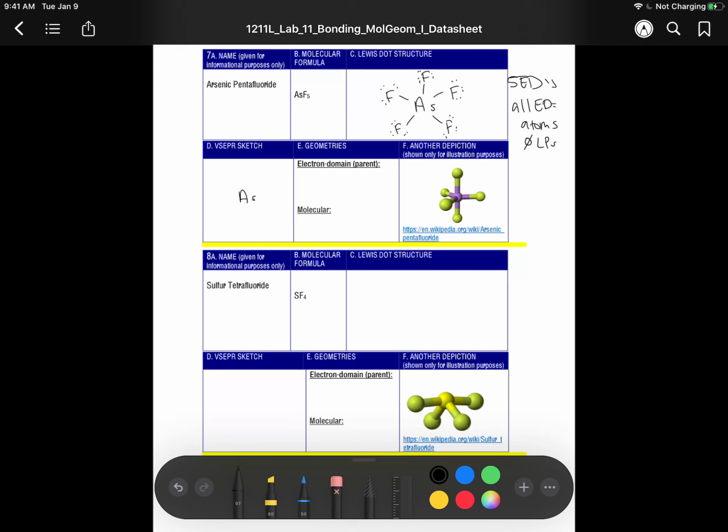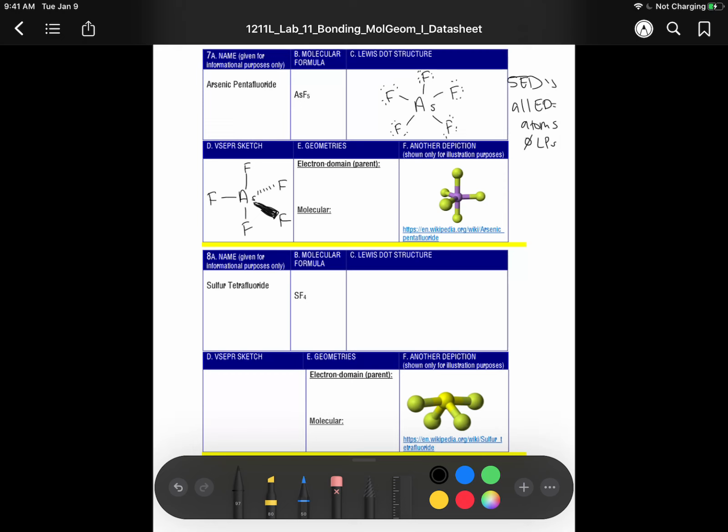I always like to draw my equatorial positions first. So there is one equatorial position, one is going to be coming towards us, and one's going to be going away from us. So this wedge that we see here means that it's coming towards us out of the plane of the paper. The dash means it's going into the plane of paper away from us. And then our 2 axial positions here and here.